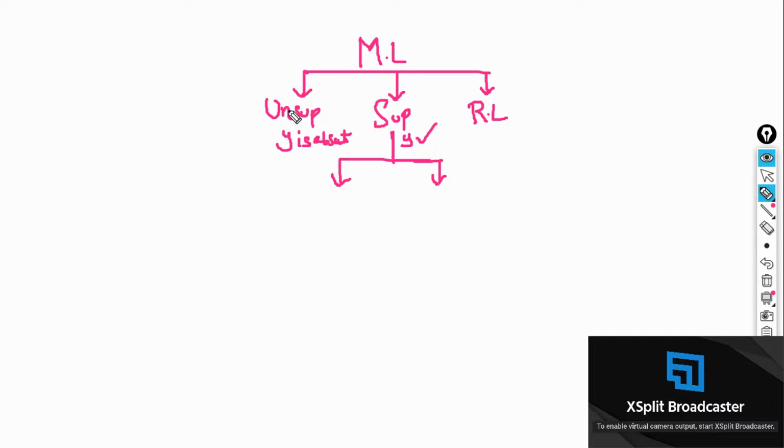So this is on unlabeled data and this is on labeled data. Reinforcement learning is on a different data set. Let us not go into this. Supervised learning is again broadly classified into two types: regression and classification. When should we use regression algorithms? This is on continuous values. If you have continuous values in your y column, go with a regression algorithm. And if you have discrete values under the y column, you go with classification algorithms.